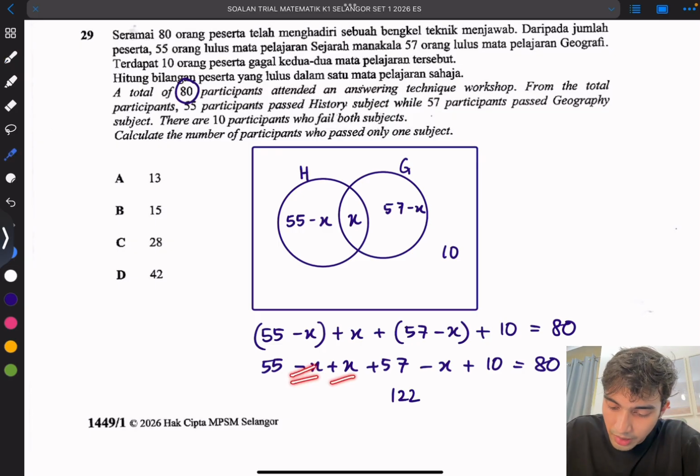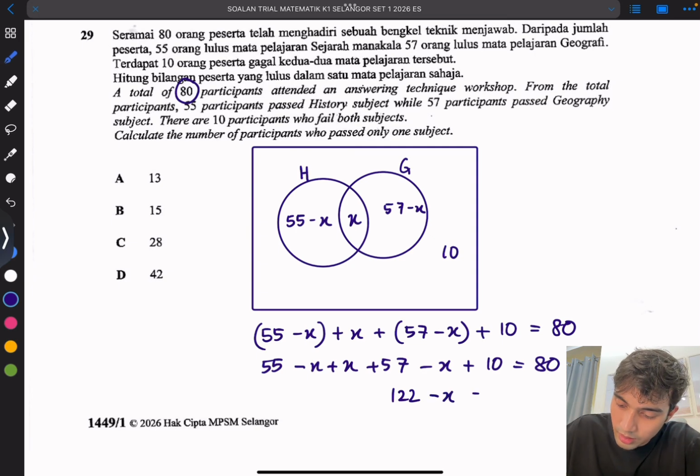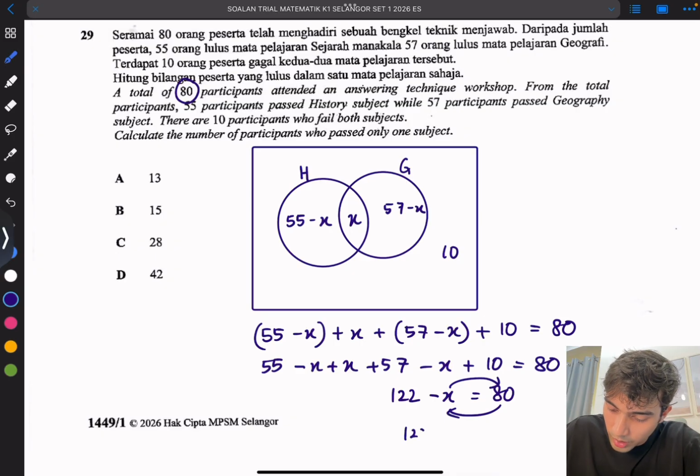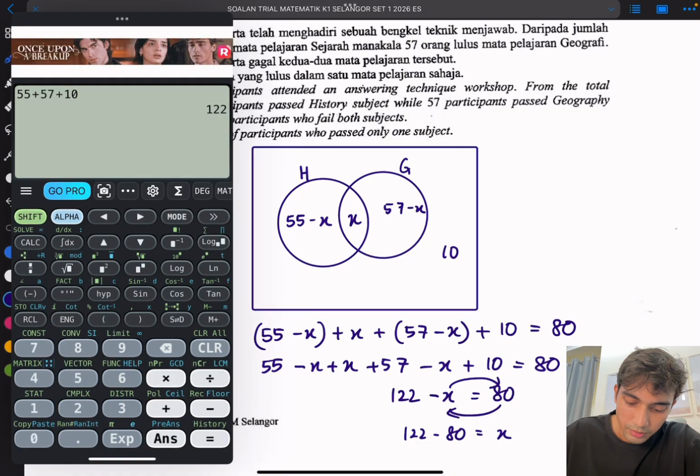Negative X minus X equals to 80. So X we bring there, 80 we bring here. 122 minus 80 equals to X. So X is 42.